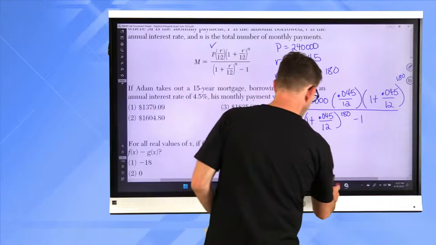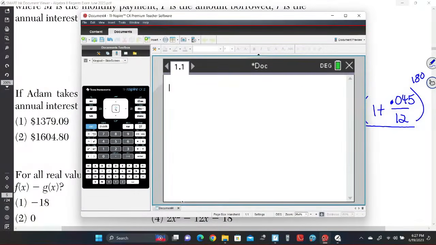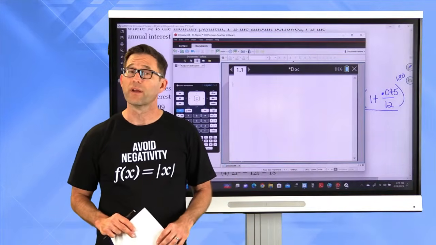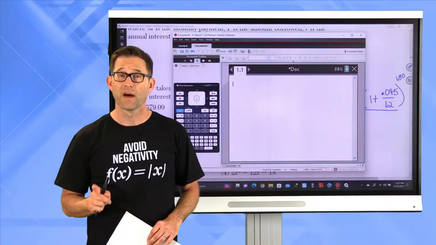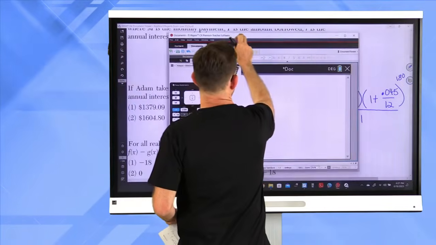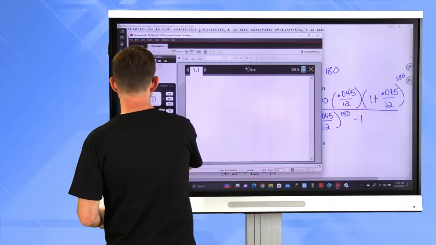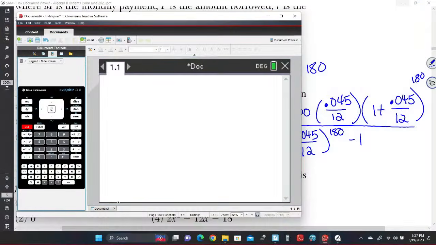So let's take a look at it, right? Now, it's ugly, but on the TI Inspire calculator, it's actually not too bad. Now, I'm not sure if I can actually move this to the extent where you can see it all. It doesn't look like it. But let's take a look. I'm going to put that fraction bar up.